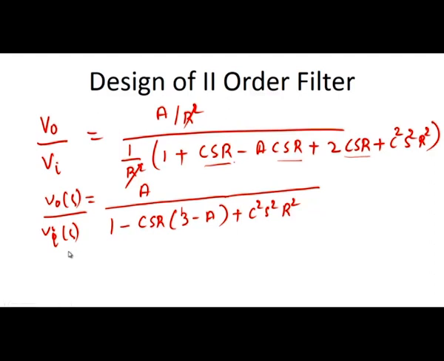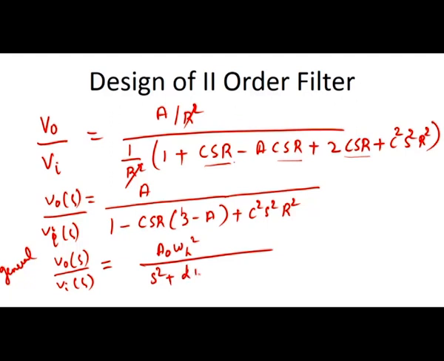So, this is the transfer function of the second order low pass filter. Generally, for any system, it may be an electrical system or a mechanical system or a hydraulic system, the transfer function in general is given as A omega H square divided by s square plus alpha omega H s plus omega H square.